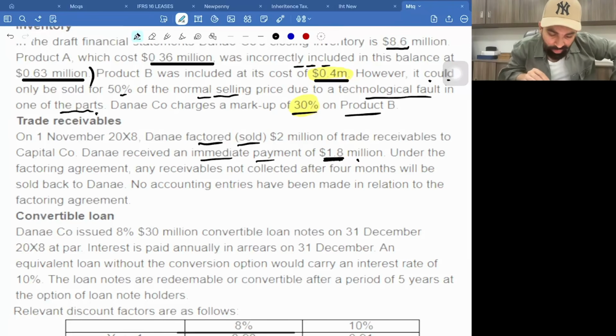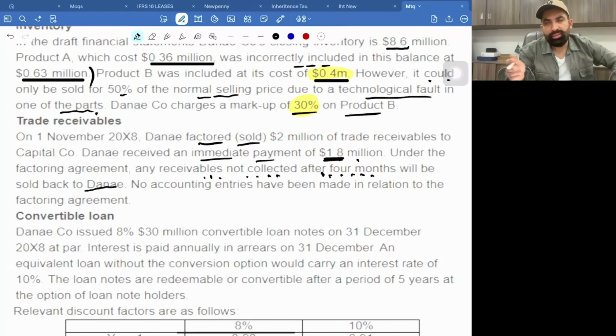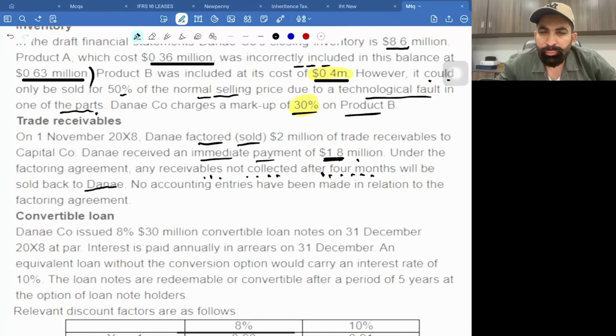Let's see. Under the factoring agreement, any receivables not collected after 4 months will be sold back to Dania. That means we are responsible for the bad debt risk. So in reality, the real risk of receivables, that is bad debt, has not yet been transferred.